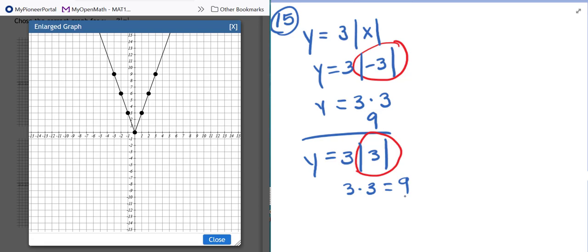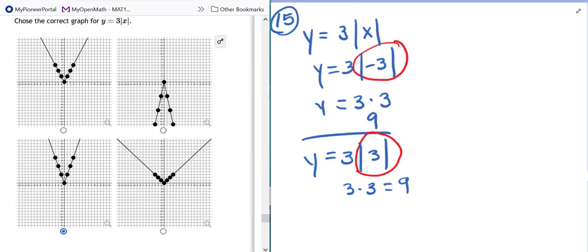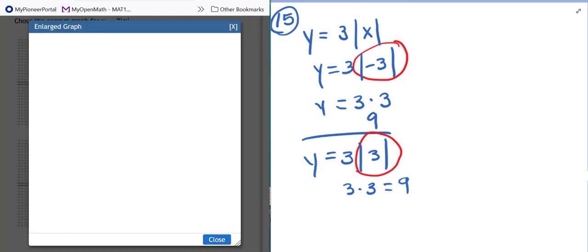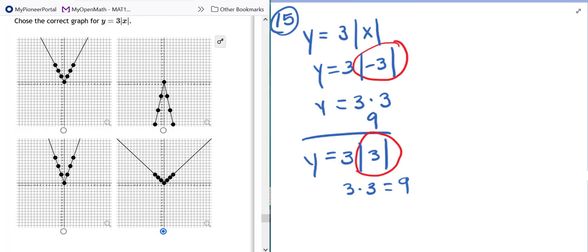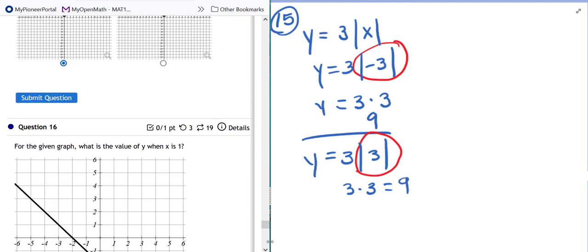This one looks good. And 3, 9. So this one looks like our choice. Let's see why this one would not be. All right, negative 3, and it goes to 3. It doesn't go to 9. This is a much wider graph. So we picked this one.